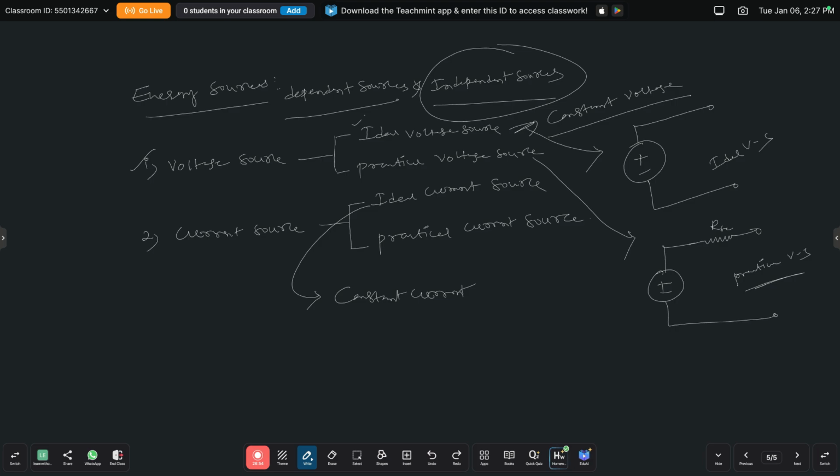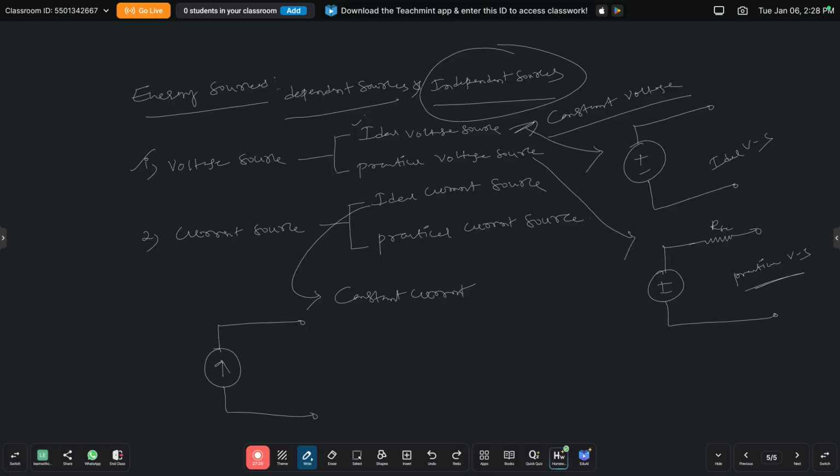And coming to the practical current source, the practical current source has a small internal resistance which is in parallel with the current source. So we can see the diagrams for the ideal current source and practical current source. The ideal current source can be represented like this. This is the symbol of a current source.